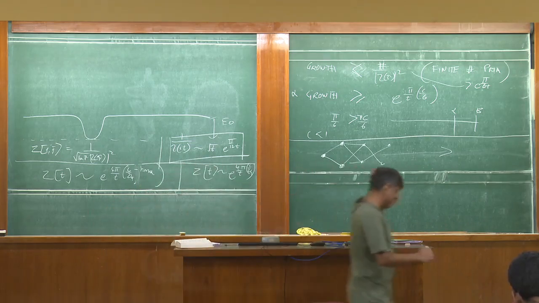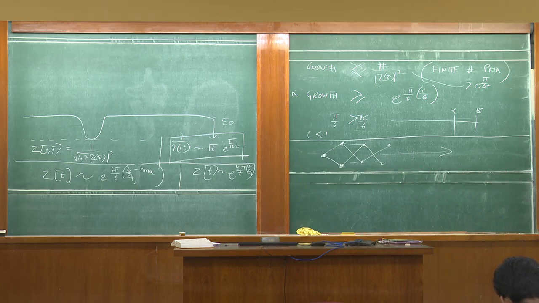If I had a finite sequence, on the other hand, what I would get at low temperature is some polynomial correction to the same growth that we would have got from eta. Why is that?